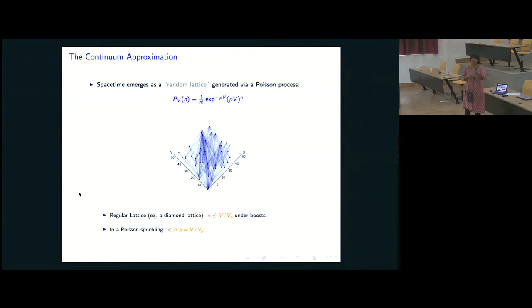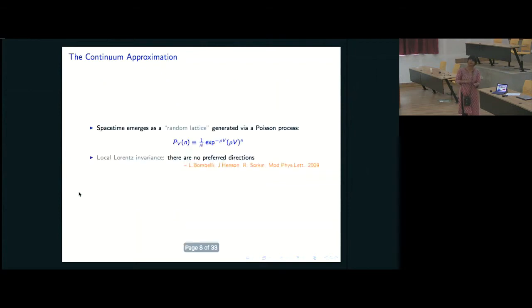That object that you get out, that graph, if you like, is what we work with. And importantly, in a Poisson sprinkling, this number to volume relation holds only on average. So on average, you recover this number to volume relation, which is the volume element that was missing from the continuum theorem.